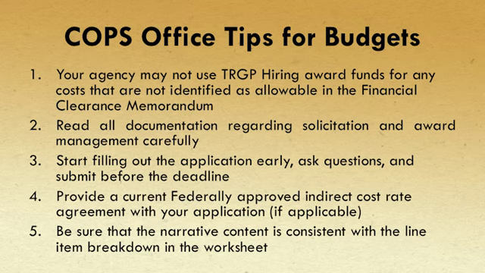Start filling out the application early, ask questions, and submit before the deadline. 4. Provide a current federally approved indirect cost rate agreement with your application if applicable. 5. Be sure that the narrative content is consistent with the line item breakdown in the worksheet.